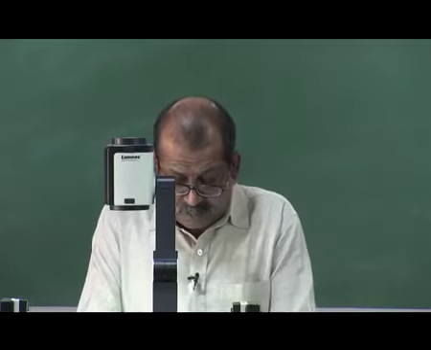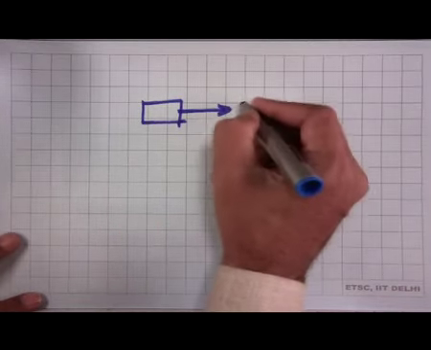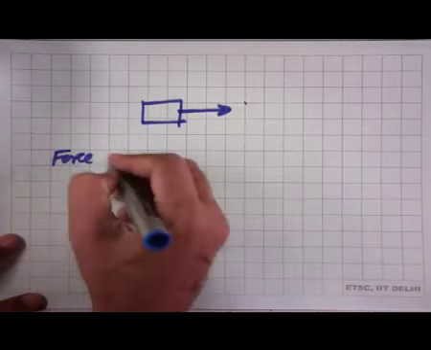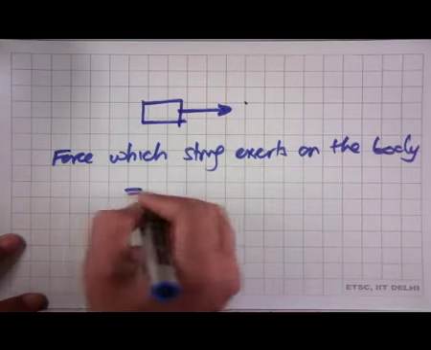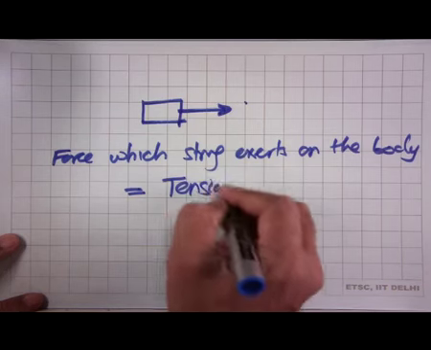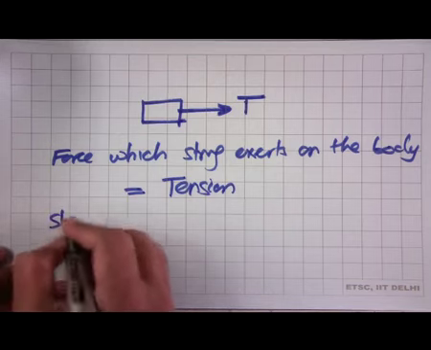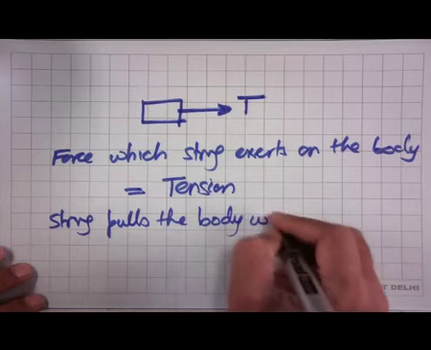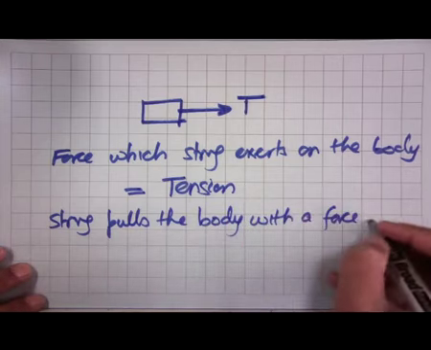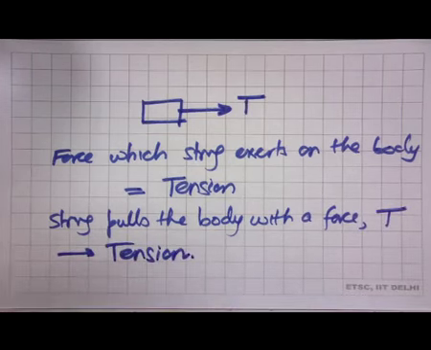The force which the string exerts on the body we call this force as tension, and the string pulls the body with the force T, and we give a special name to this as tension.